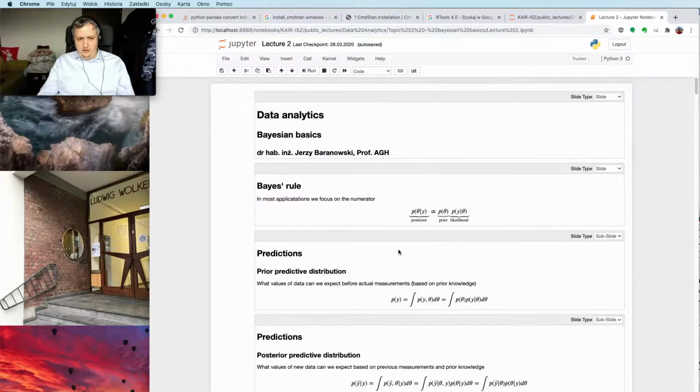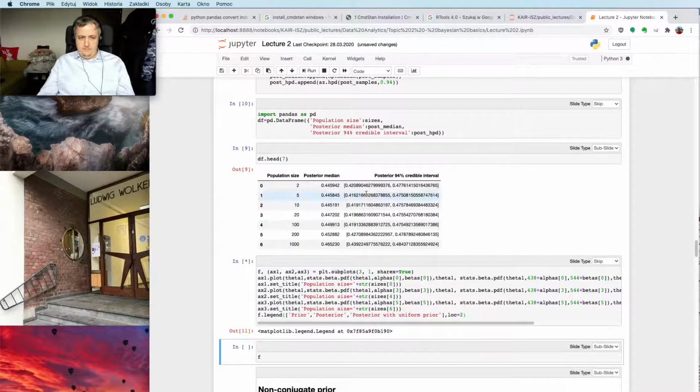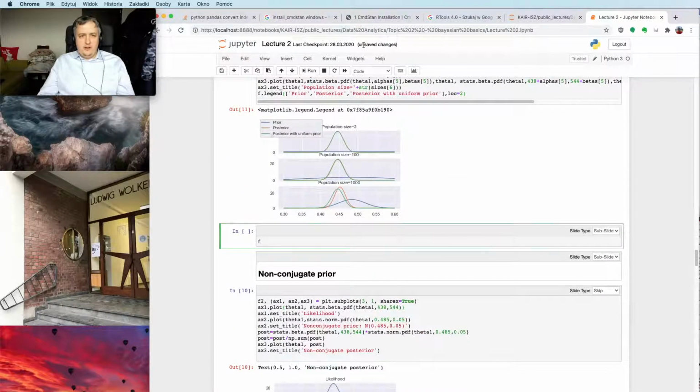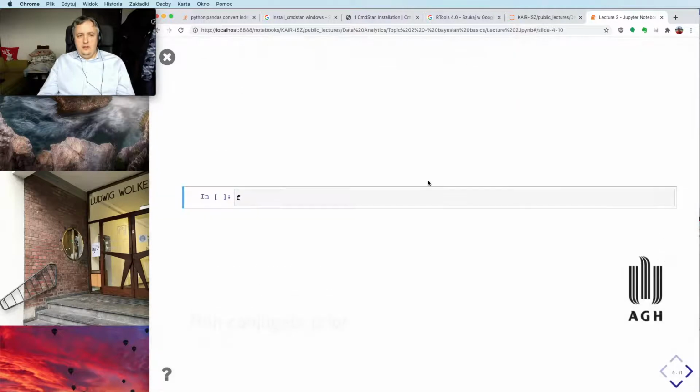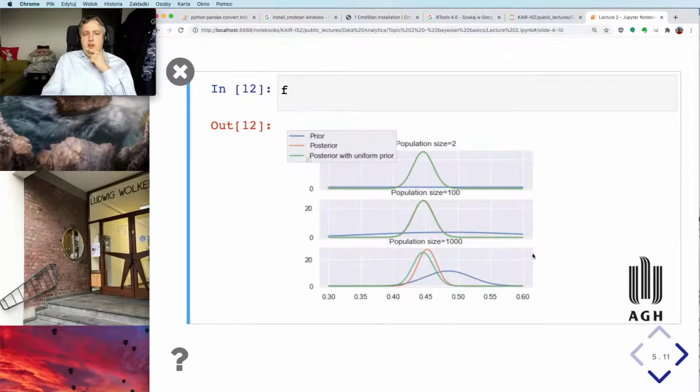Okay, another figure that I need to generate here. Okay, and we can see it here using the graphs. So as you can see, the prior, depending on the population size, becomes less and less diffuse.